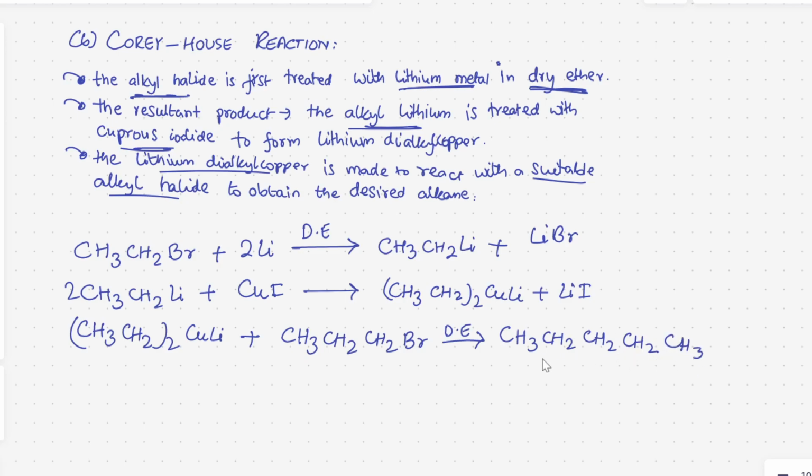This is our alkane, the n-pentane that we desired. Then ethyl copper next. So 1 2 3 4 5, and what's left is 1 2 and the copper. So CH3CH2Cu, and lastly Li and Br.